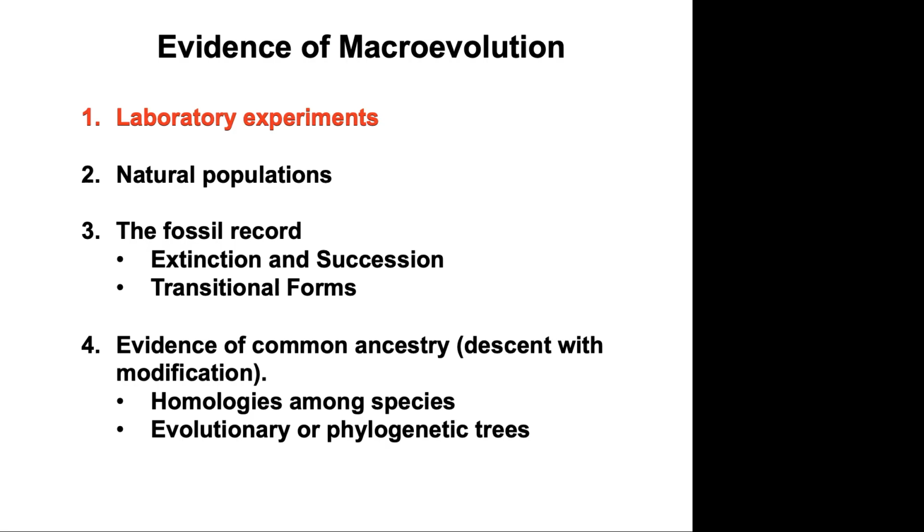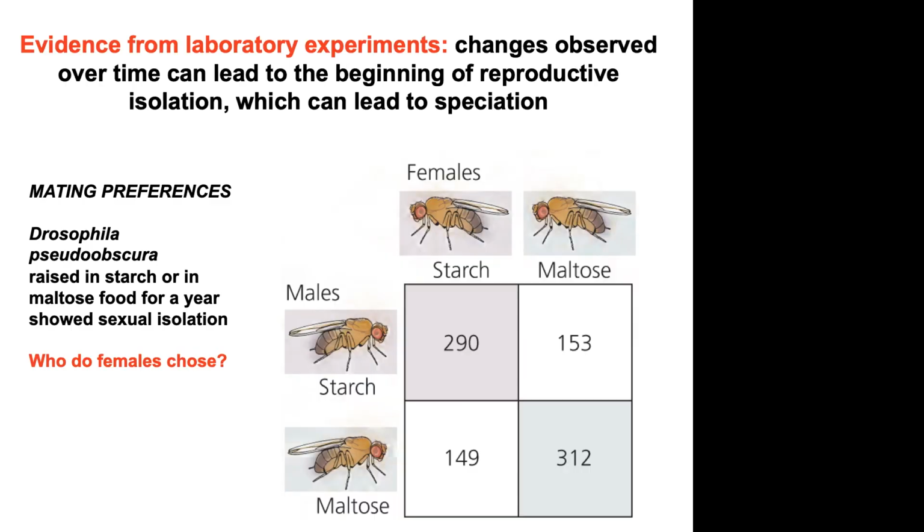So moving on to macroevolution, the first thing I want to talk about are laboratory experiments, but I'll also talk about natural populations, the fossil record, and then evidence of common ancestry. So in Drosophila, which is a common laboratory insect that's used, mating preference can be altered by feeding the organisms different food during their development.